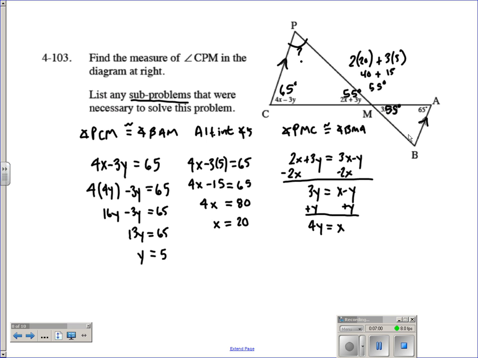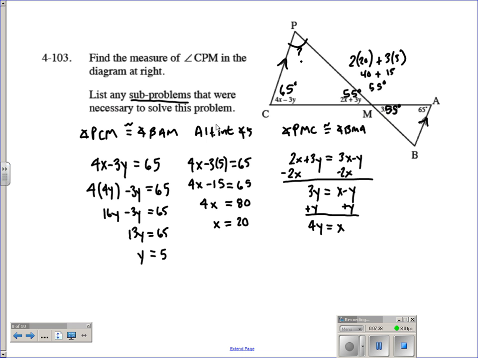There are 3 angles in a triangle, so we need to figure out the last one. Are they going to be the same? Yes, they are, because they're alternate interior angles. We know that the sum of the 3 angles of a triangle is 180 degrees. So let's add these together, subtract them from 180, and we're going to get our angle CPM.